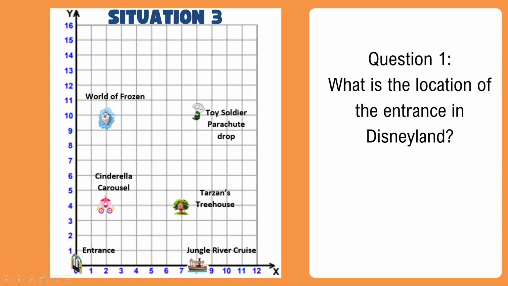So the entrance is at the origin. Horizontally, it's at 0. Vertically, it's also at 0. So (0, 0) is our answer. Don't forget to write the parentheses and the comma, signifying that our answer is a point or the coordinates of a point.